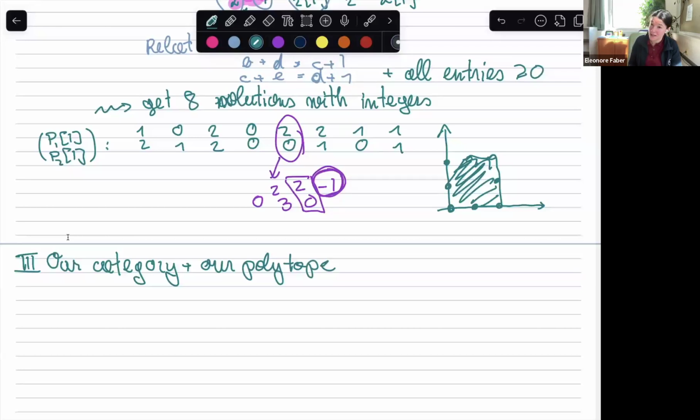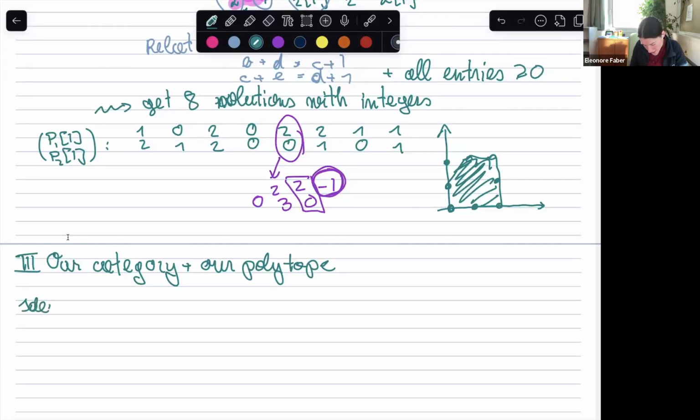So now we try to mimic the construction of the cluster category going to the associahedron. Namely, instead of the cluster category, we want to take a category that has the same periodicity properties.